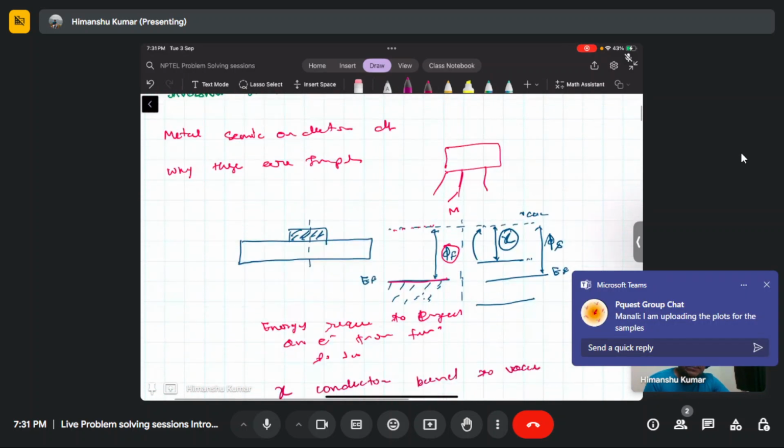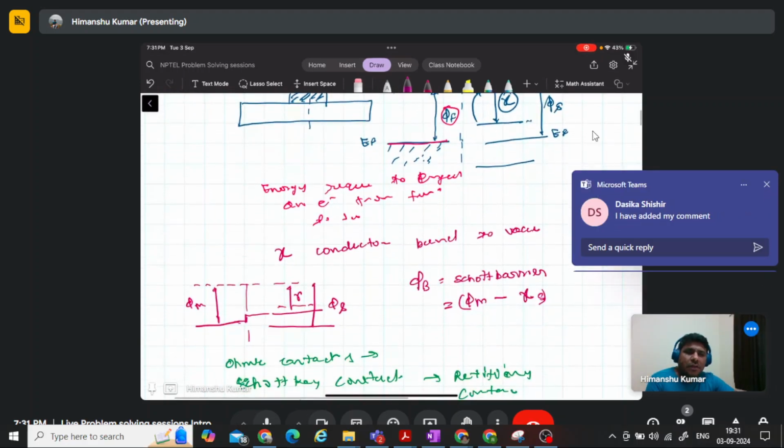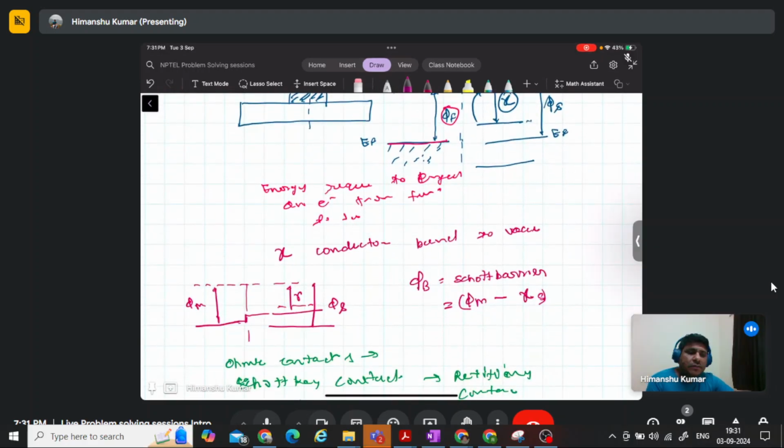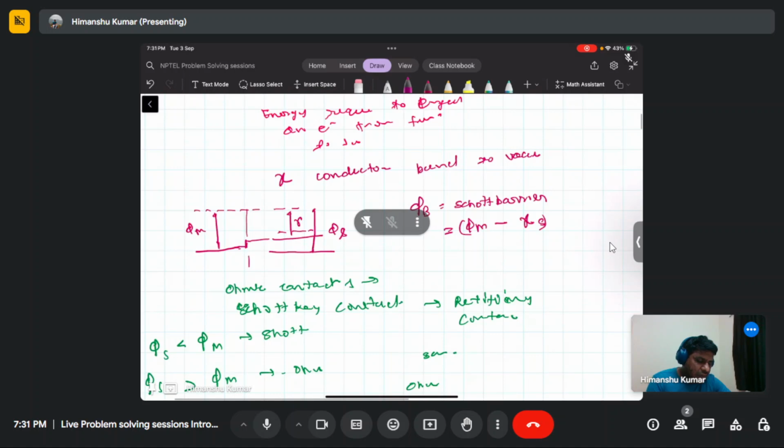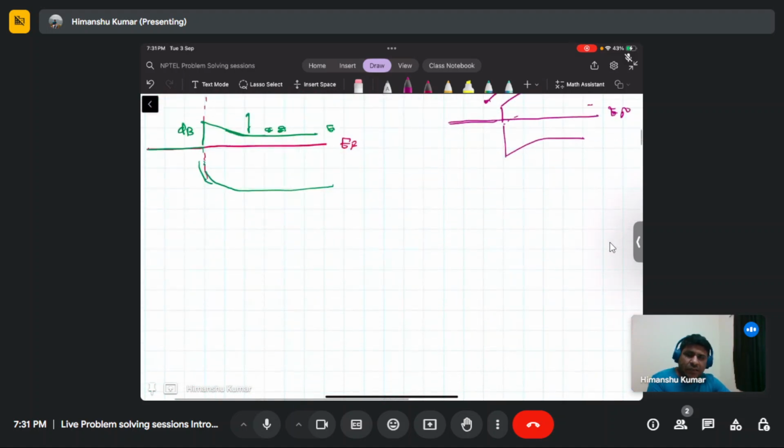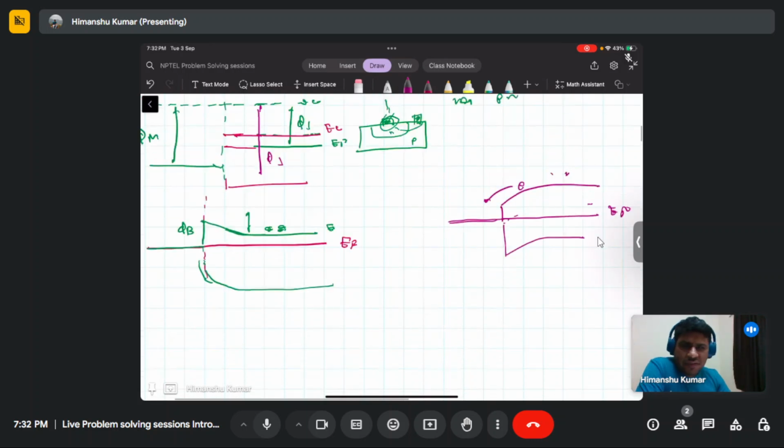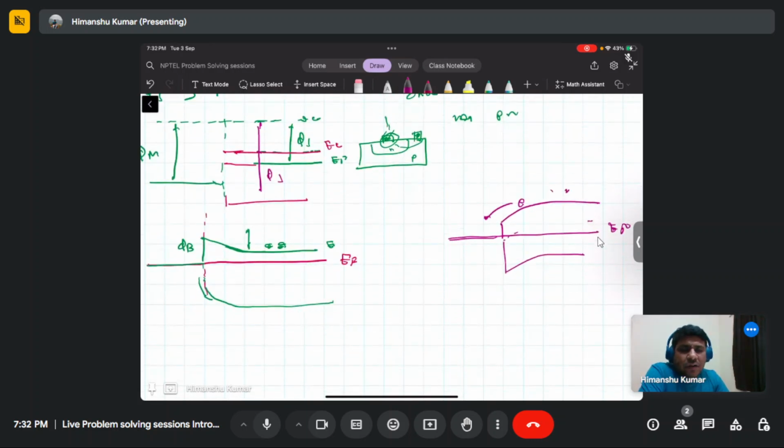So these are the ohmic and Schottky contacts. These are very important for devices, even in the MOS case.